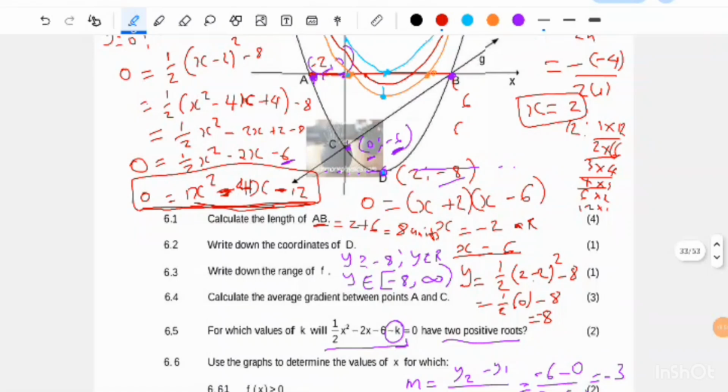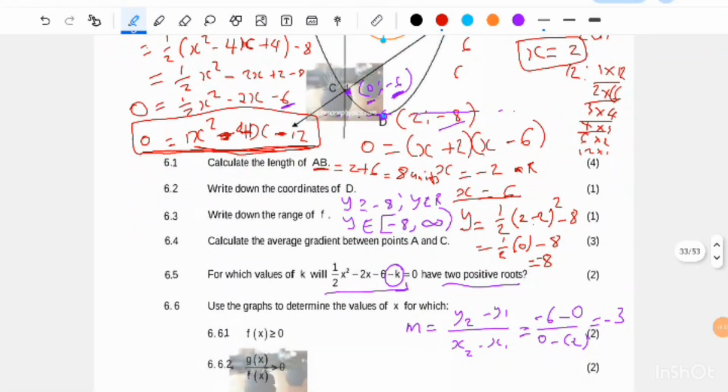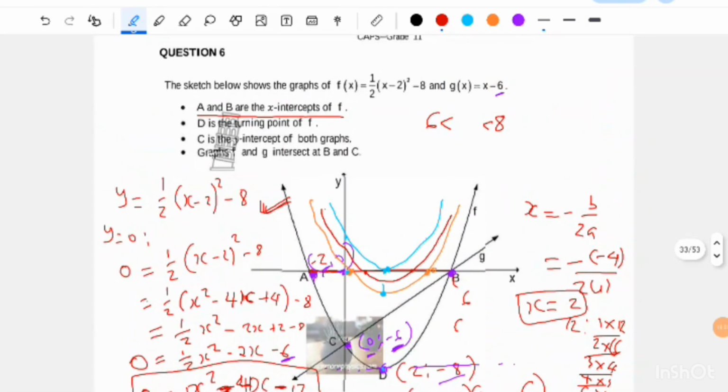We were told that the k that we're looking for there, it's actually negative k. So we are going to take that negative k and plug it here. So we say our negative k should be greater than 6 but less than 8. We should shift our graph more than 6 units up, but not more than 8 units up, right? It should be between 6 and 8.